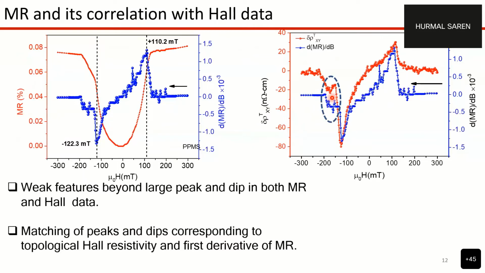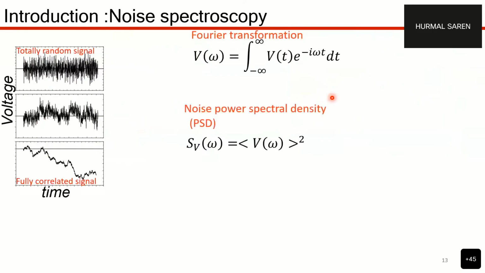Later, we have done the noise spectroscopy measurement, but before that, I would like to briefly introduce noise spectroscopy. Basically, we take the time series voltage data. If this voltage signal is totally random, this is the time series data. If the voltage signal is poorly correlated, this is what the time domain signal looks like.